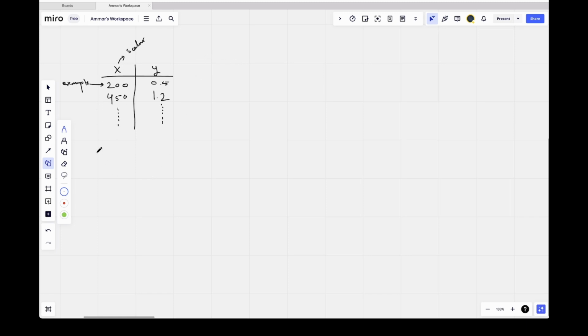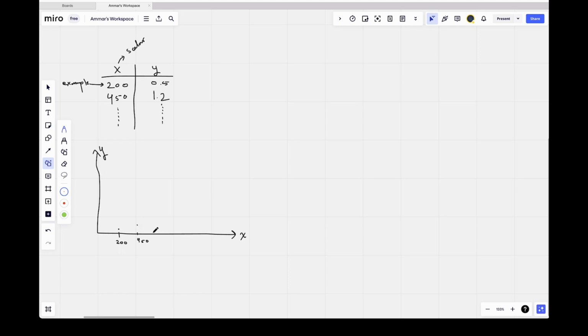And let's just say we try to plot this. This is an x-axis and this is our y-axis. For example, let's say 200 is right over here. It's really zoomed out. For that we have a value of 0.5, let's just say, and then you have 450, and for 450 you have some value right here.